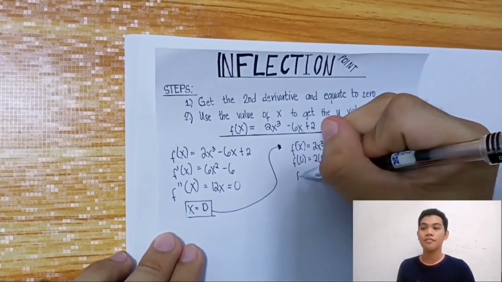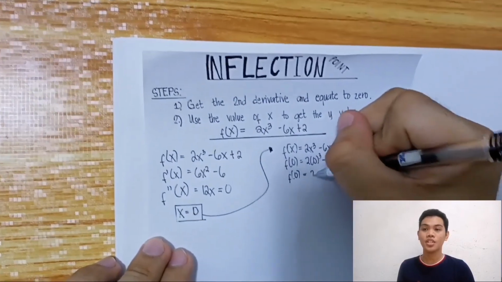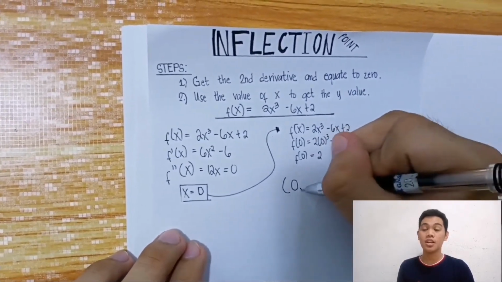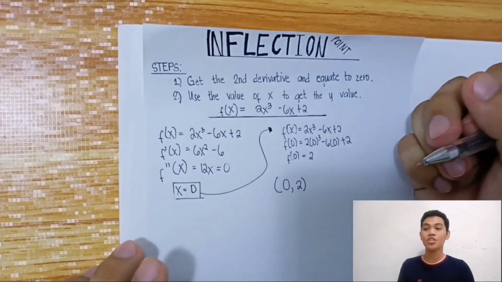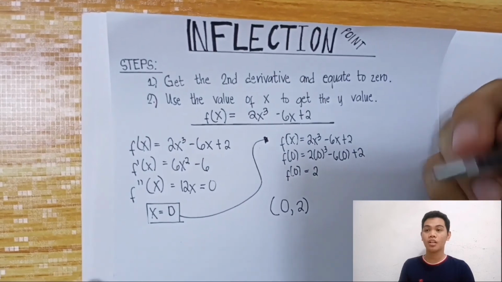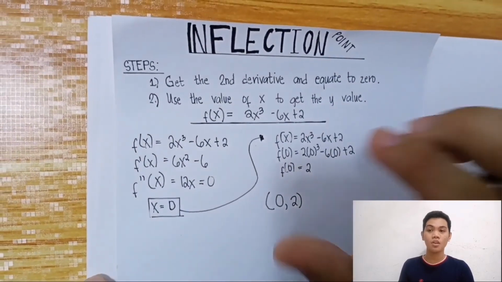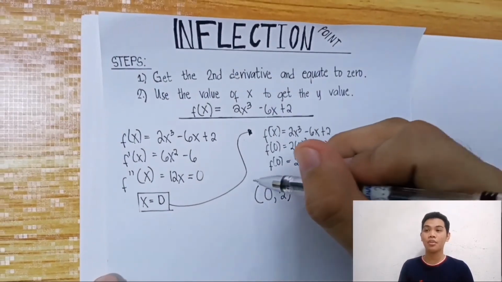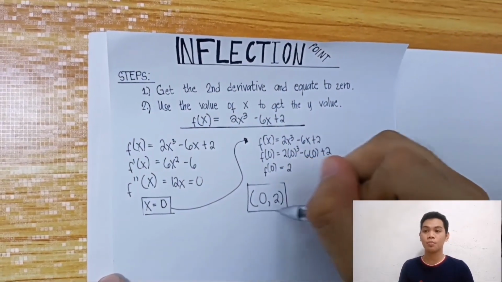Therefore, our y value is equal to 2. So our inflection point is at 0, 2. The inflection point is where the concavity changes, maybe from concave down to concave up, or concave up to concave down. So that is how you find the inflection point of a function.